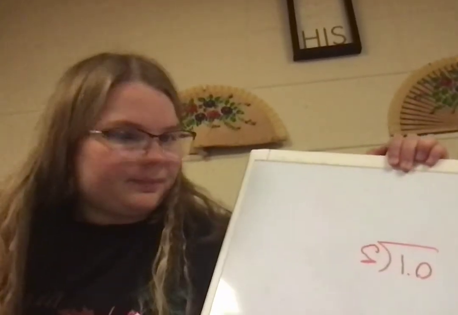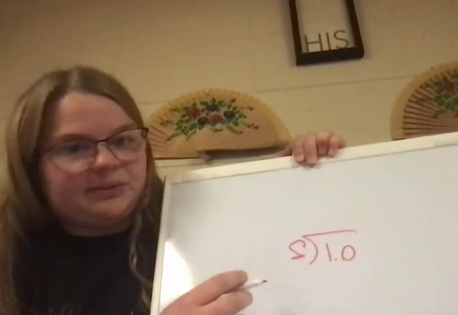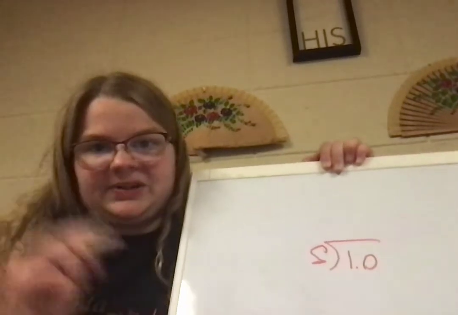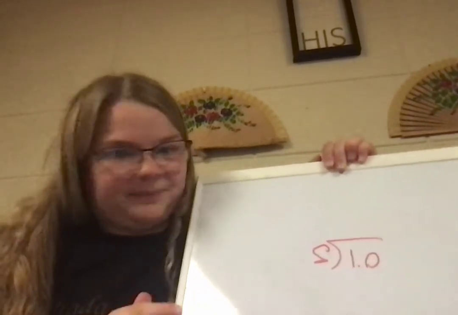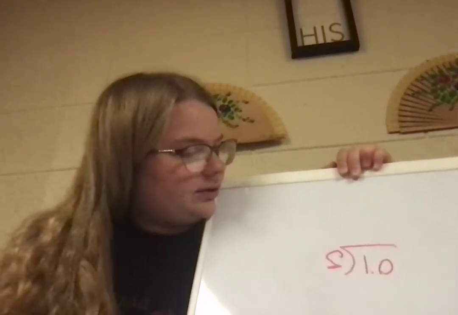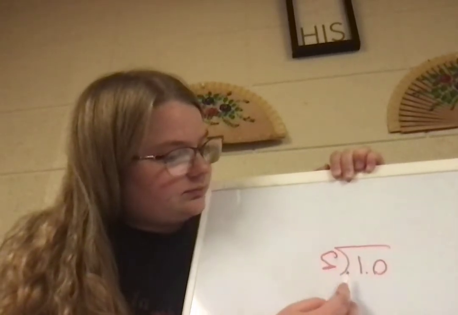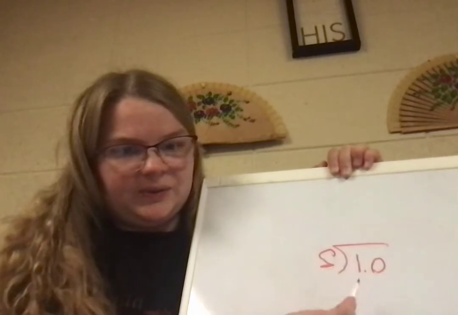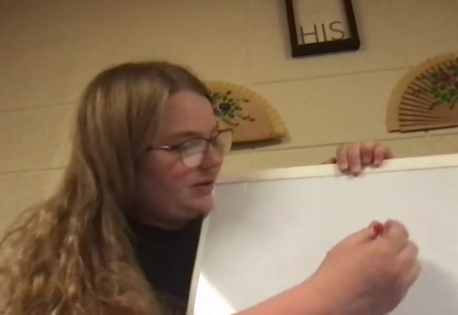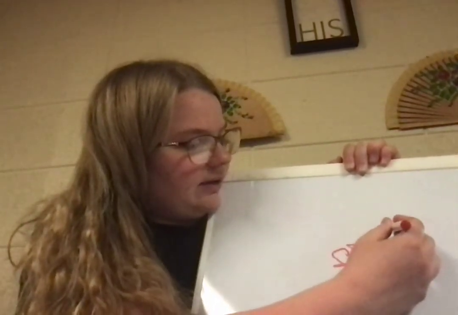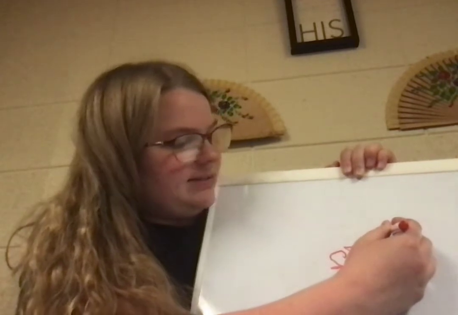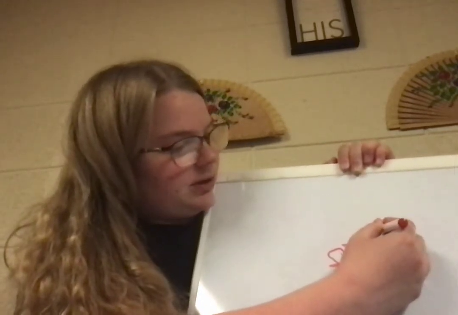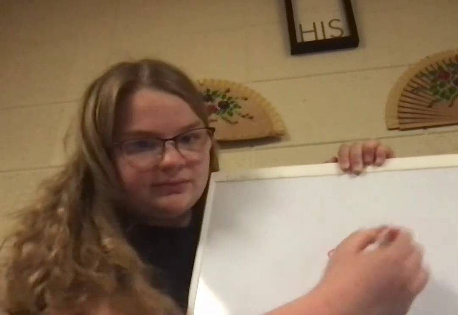Now as I write, our substitute's going to be writing up on the board as well. Okay, so there are 5 2's in 10, right? So, we could go ahead and right up here in the ones place, we could put a 5.